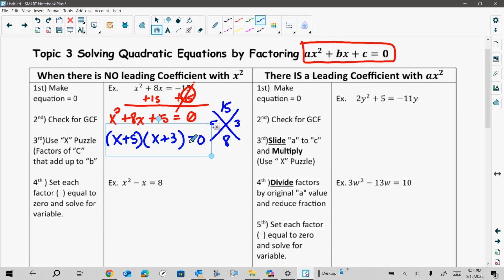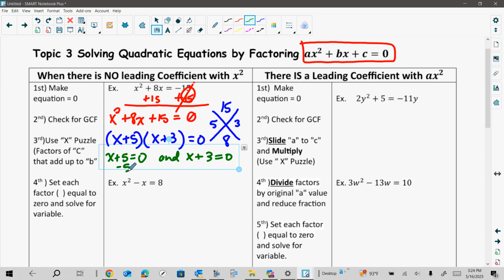Now to solve it, because that's what we're trying to do, factoring by solving, it says right here, set each factor, each set of parentheses, equal to 0, and solve for the variable. So that means my x plus 5 is going to equal 0, and my x plus 3 is going to equal 0, and I'm going to solve for x.